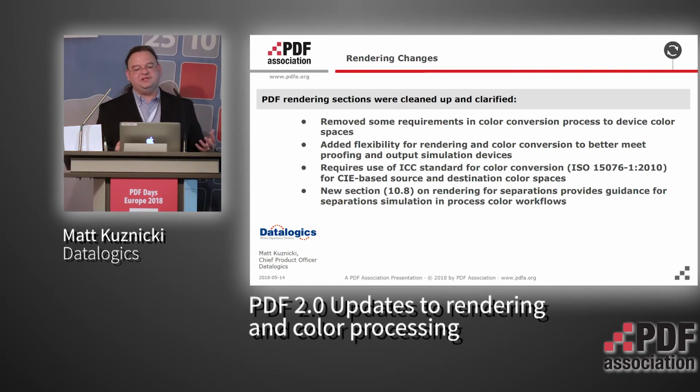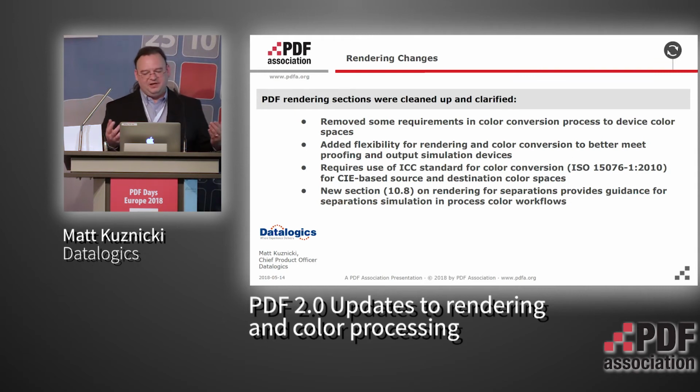So we removed some requirements in PDF 1.7 for the color conversion process to device color spaces to better represent how conversions to device color were being performed in the real world. We added some flexibility for rendering and for color conversion to better meet the needs of proofing and output simulation devices. So for better, more reliable soft proofing of PDF in preprint and prepress workflows.